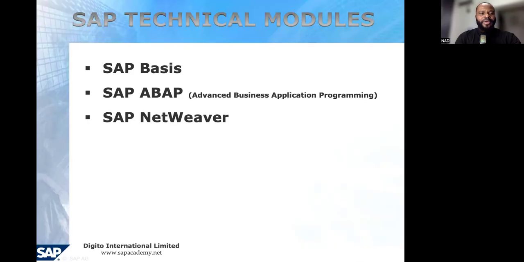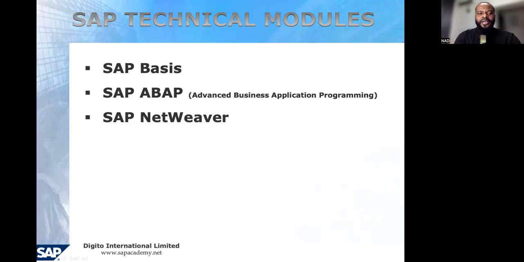Also known as the Web AS, it serves as the runtime environment of the SAP system. And it also integrates and facilitates between the SAP system and non-SAP systems, like I mentioned, .NET and Java. So this is a very crucial module in SAP.